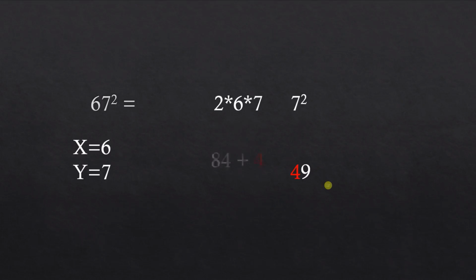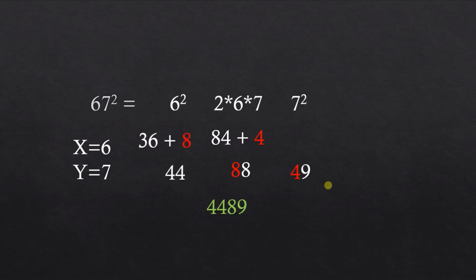We will get 88. Writing 8 and 8 carry forward. 6 square is 36. 36 plus 8, 44. So 67 square we will get 4489. Clear?